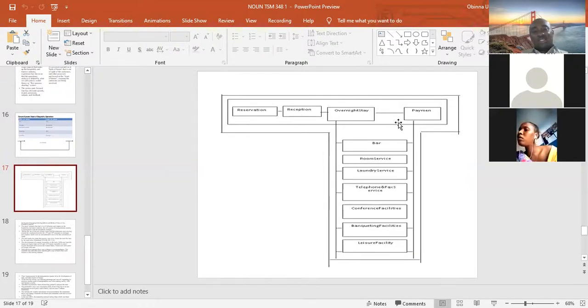This is the links on how reservations are made. Now we have payment, which is linking the person who is staying overnight and the person who is taking the services of the bar, the room service, the laundry service, the telephone, conference facilities, banquet facilities, and leisure.